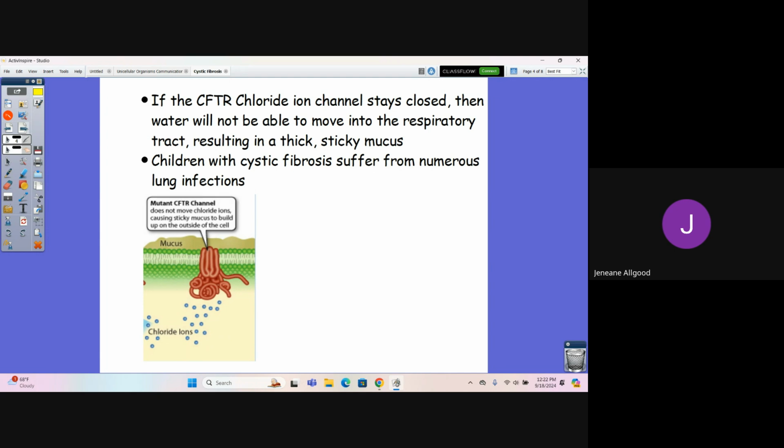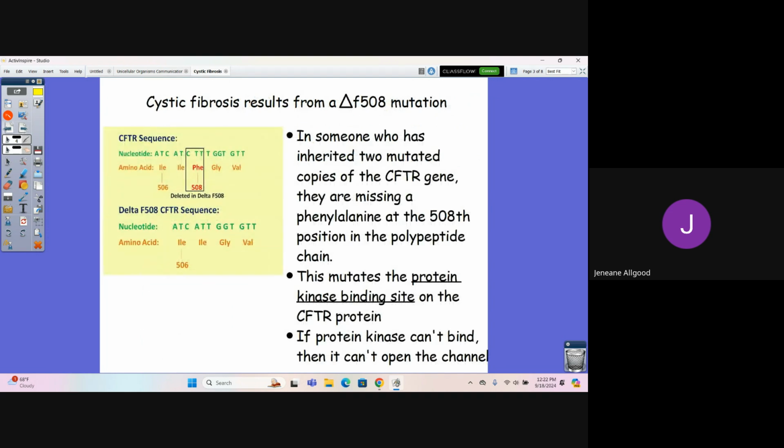In this case, in the people with only mutated versions of the CFTR gene, that phenylalanine amino acid gets deleted. It changes the shape of the CFTR protein, deleting the protein kinase A binding site. Well, protein kinase A is what opens that chloride ion channel.